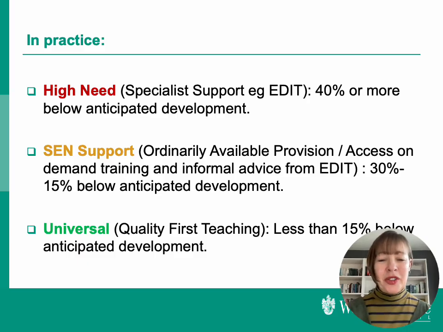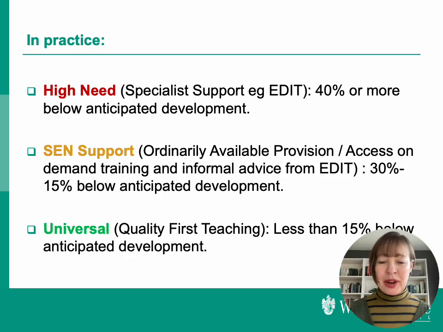These figures are not an exact science by any means, and we would always talk to you as practitioners about what you're experiencing in your settings and what barriers to learning you're perceiving for a child.